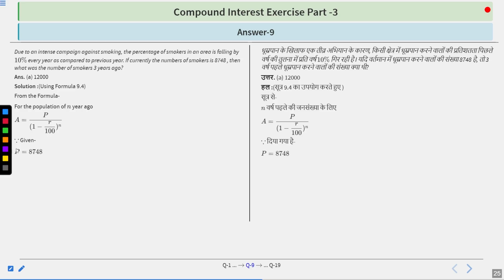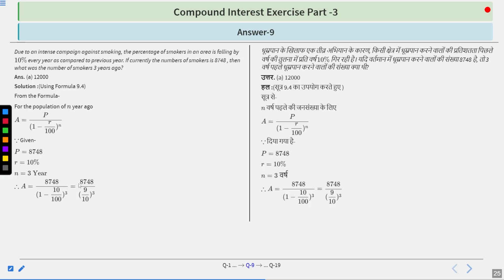It is given that P is 8,748 because the current number of smokers is 8,748. R is 10%, n is 3 years. Therefore, A is equal to 8,748 upon 1 minus 10 upon 100, whole power 3.